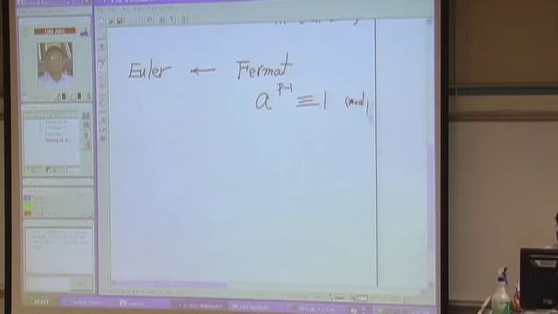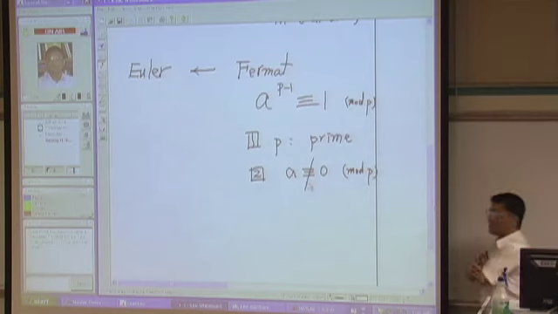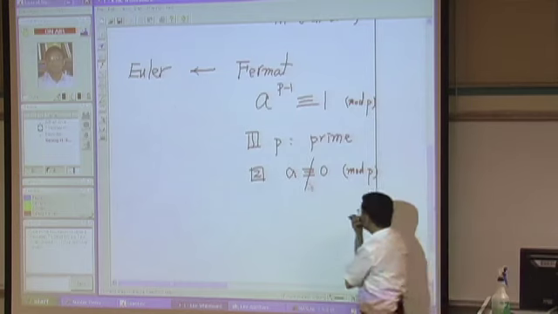But here is a limitation. First limitation is p should be prime. Right? This is the first limitation. Second limitation is a should not be 0 mod p. So a should not be 0. So we need these conditions.